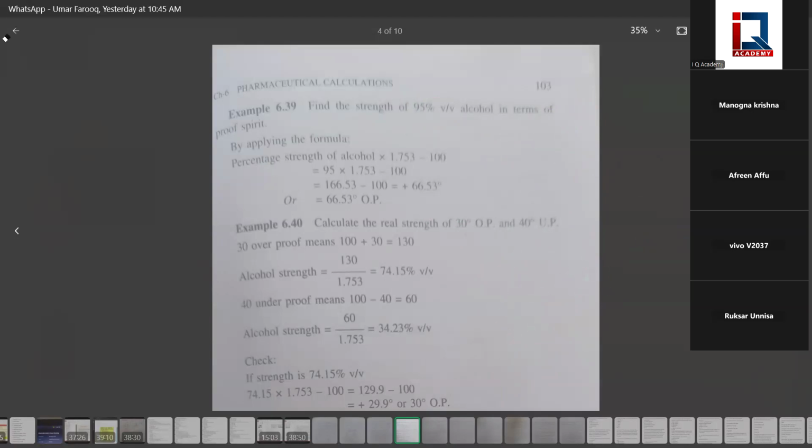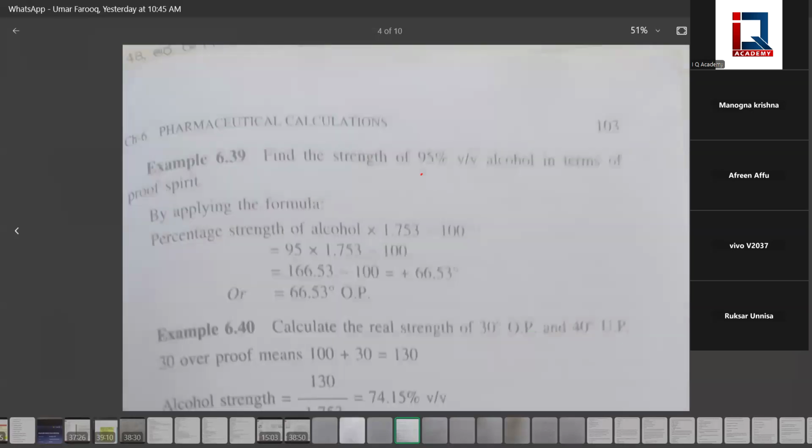Let's see. Check out the question here. The question is, find the strength of 95% volume by volume alcohol in terms of proof spirit.